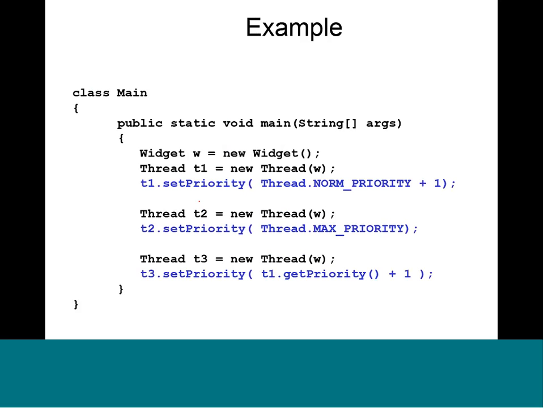You can say, I've got T1 with normal plus 1, T2 with max, and T3 with whatever priority T1 has plus 1. So T3 becomes a little bit higher than T1.